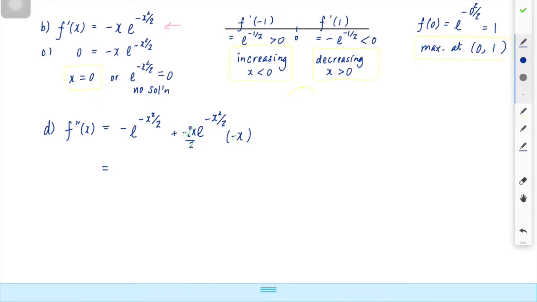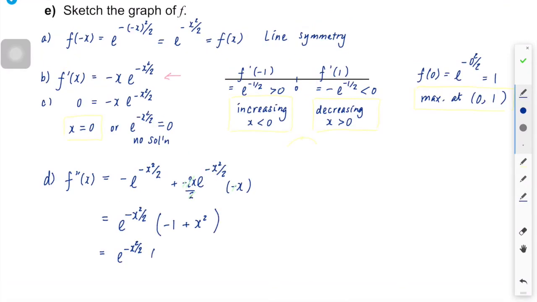I will factor out e to the power of negative x squared over 2 so that I will have negative 1 plus x squared, which technically is x squared minus 1. That will allow me to factor the difference of squares, x plus 1, x minus 1. We already know that e to the power of negative x squared over 2 has no solution.